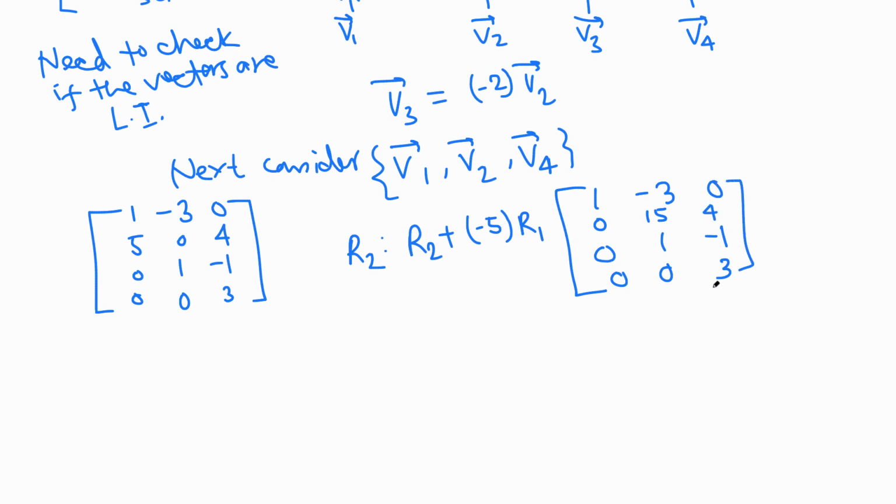If we look at this closely, for this one we got a pivot here, and this column here is a pivot. We need to make this 0, so let's go one more step.